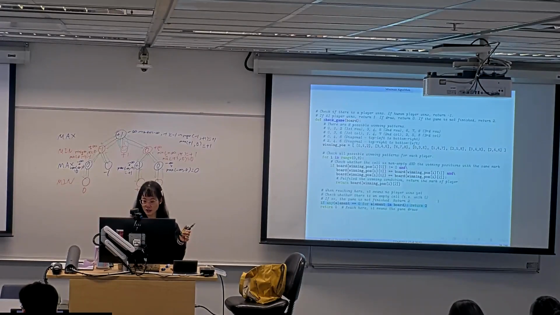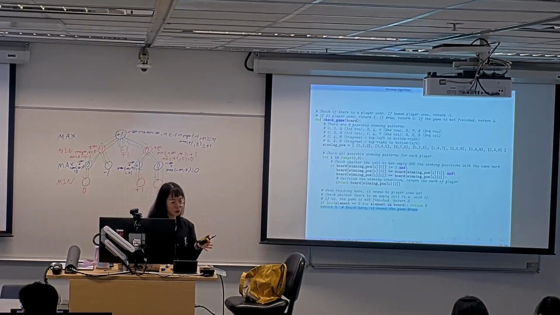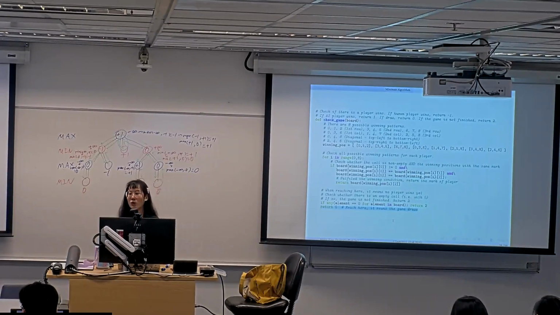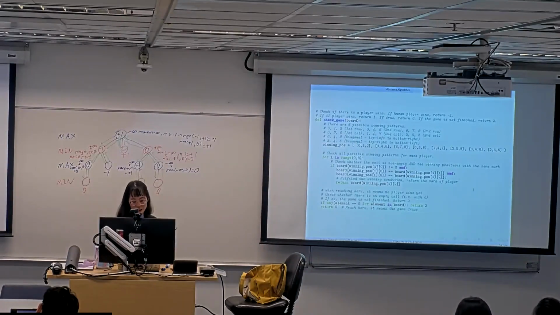This means the game is not finished yet. Otherwise, finally we can return 0. If the code reaches here, that means no one wins the game. In the meantime, all the cells are already occupied. So that means there is a draw, the game draws. So we need to return 0, the utility function for draw game states. So this is another helper function to check the game results.